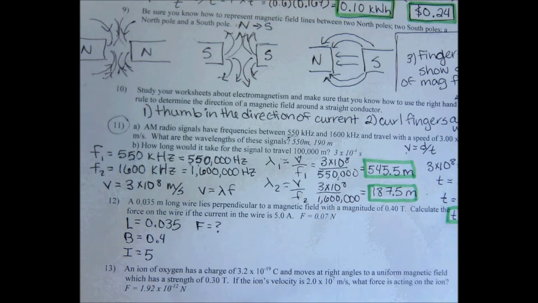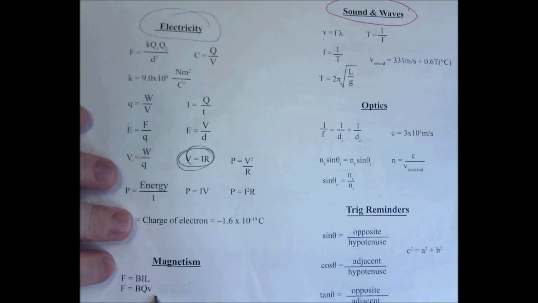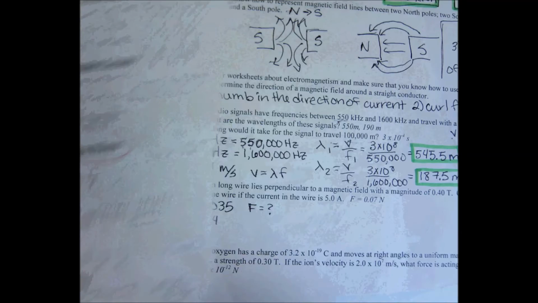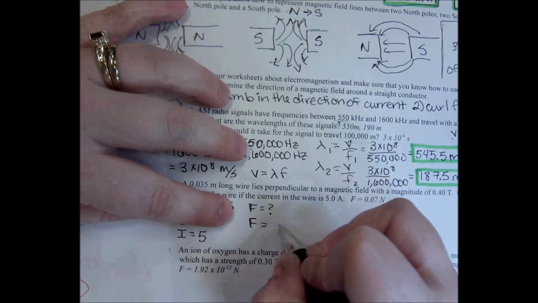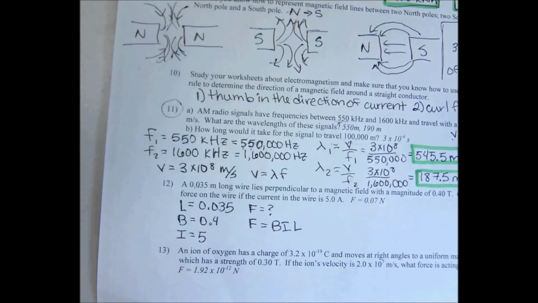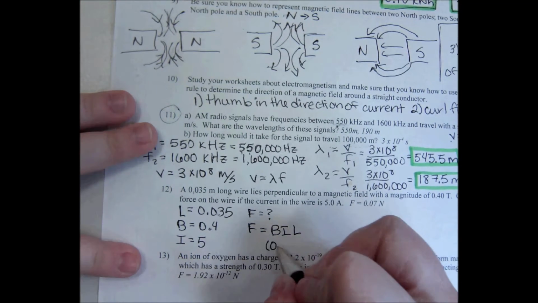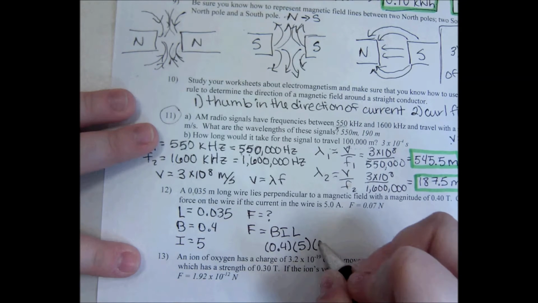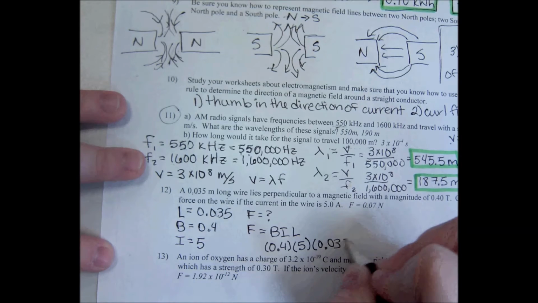Let me get the lights, hold on. Okay. So back to our formula sheet under magnetism, there's only 2 possible formulas. We're going to use the one that has stuff that we have. F equals BIL. 0.4 times 5 times 0.035.